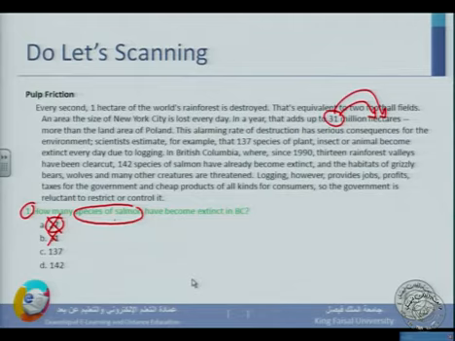But the question is talking about species of salmon. Let's see 137. Here, but it is talking about species of a plant. Then it is wrong.